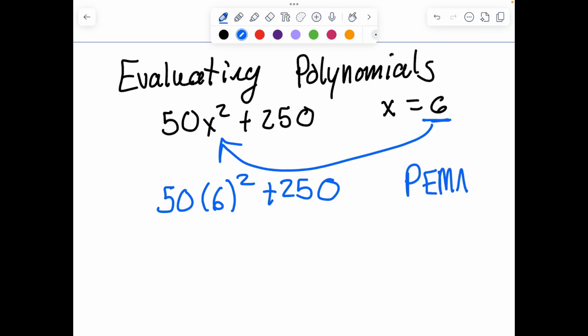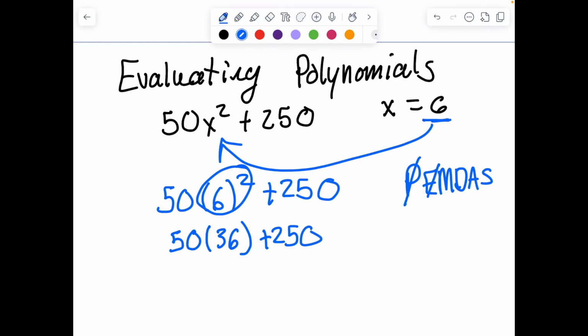Right now there are no parentheses, so nothing to do inside parentheses, I'm good there. I do have exponents, so I'm going to do that 6 squared. So that's going to end up being 50 times 36 plus 250.